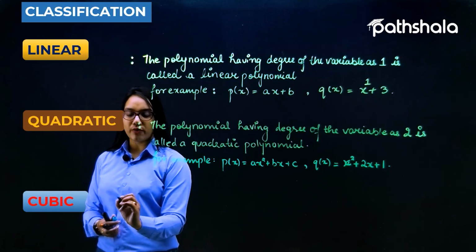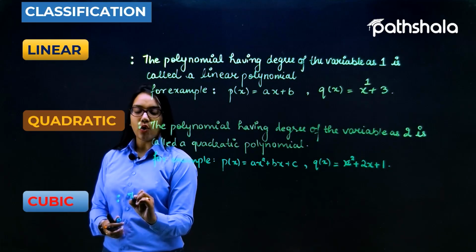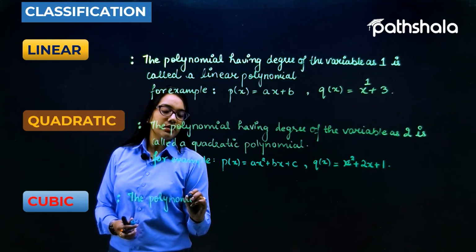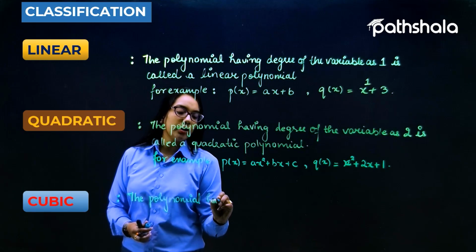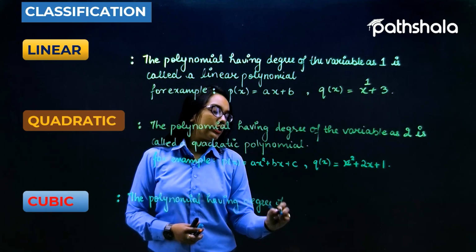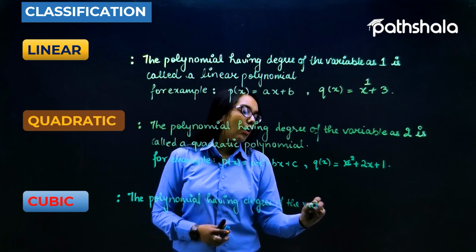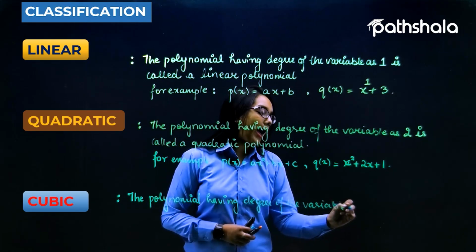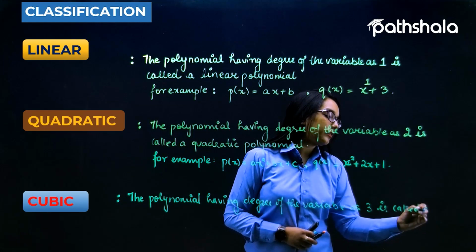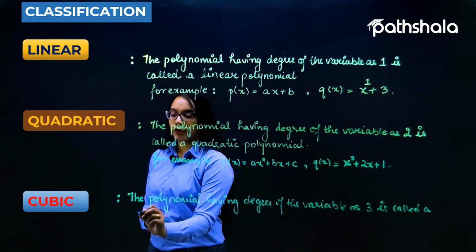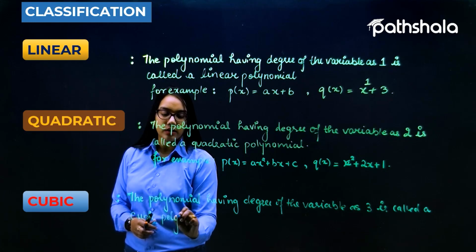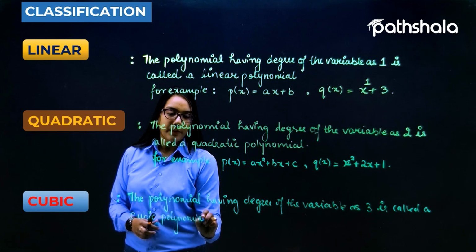I guess the definition of a cubic polynomial is quite obvious: the polynomial having degree of the variable as 3 is called a cubic polynomial.